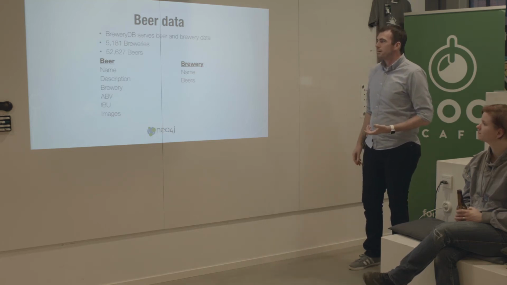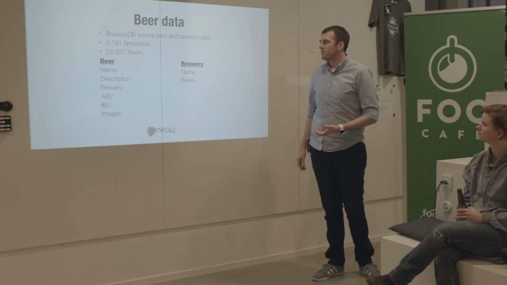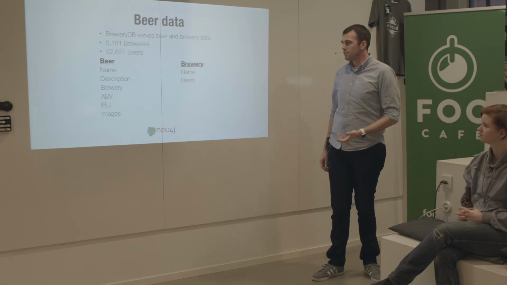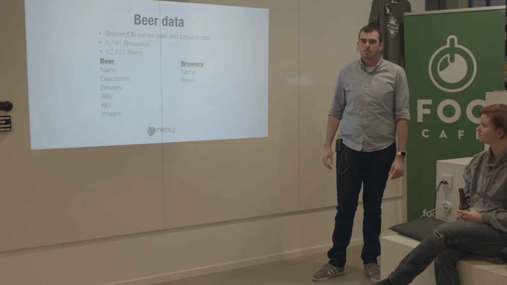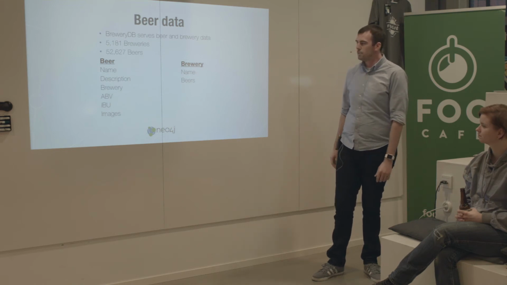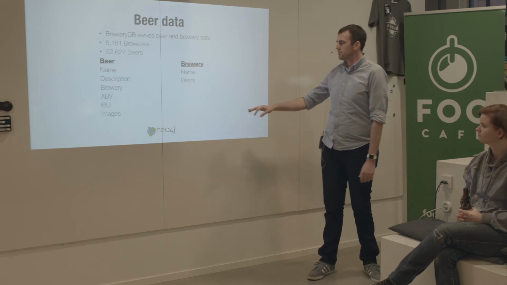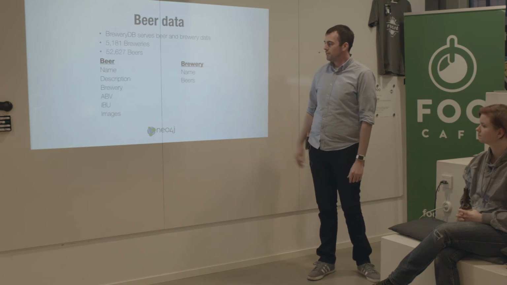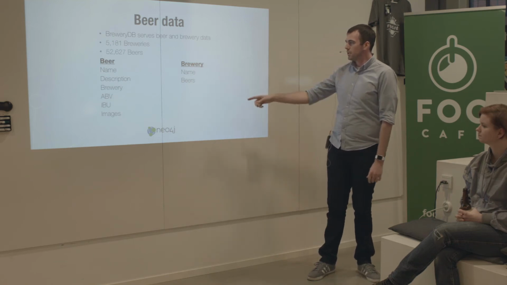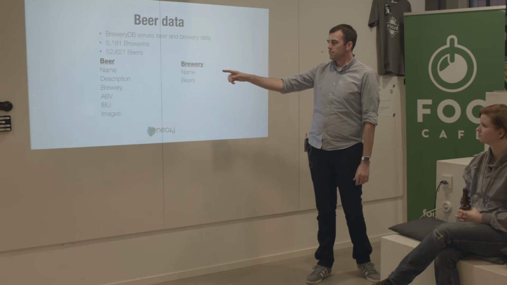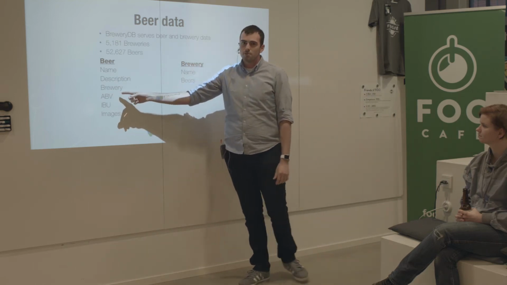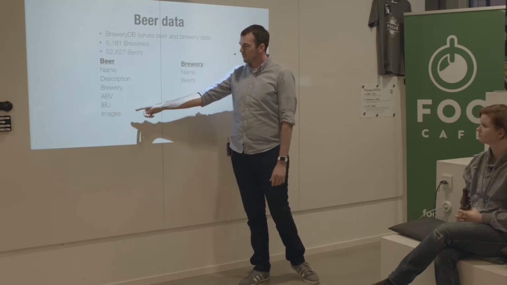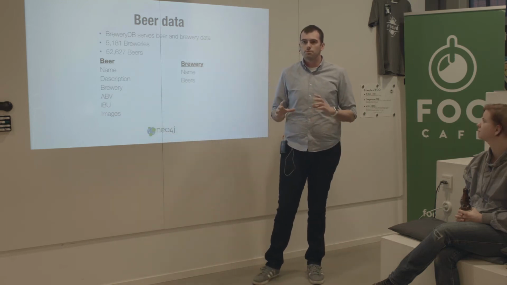The data that I got contains 5,000 breweries and 52,000 beers. The data about these beers and breweries is more than this, but this is the main stuff. For the breweries, you get the name and the beers that they make, and the beers have all this information. The interesting ones are ABV, which is the alcohol by volume, and IBU, which is a measure of the bitterness of beer.